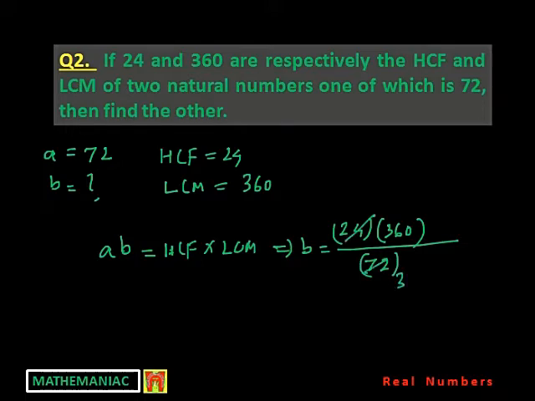So this will cut by 3, and then this will cut by 120. 120 is the other number. So that's the idea by which we'll proceed. Okay, so this can be a good potential problem for your board exam also.